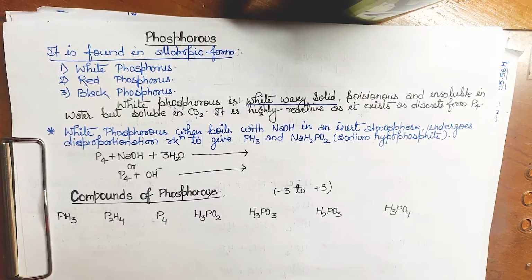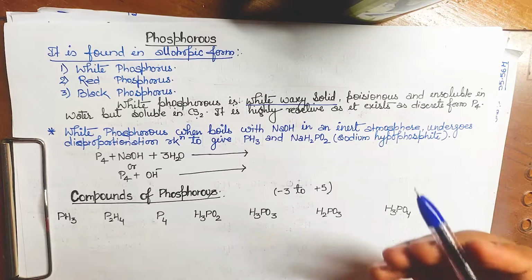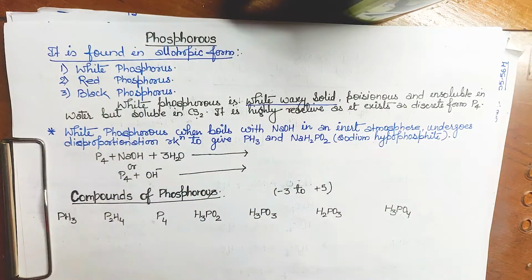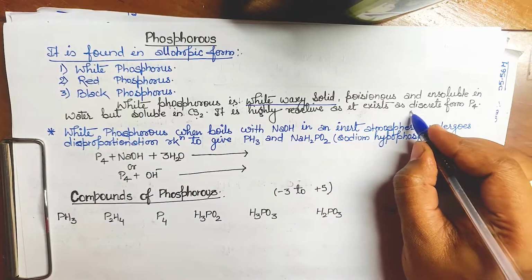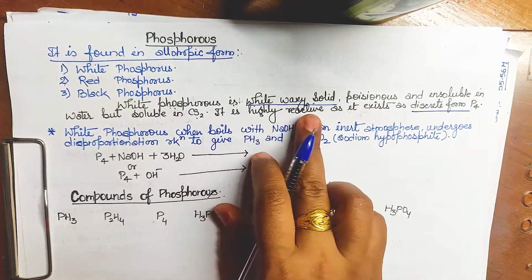So P4 exists as a discrete form. That's why it is highly reactive. Among all phosphorus, white, red and black, white phosphorus is in discrete form. What does discrete mean? I will explain later on. So that's why it is highly reactive.